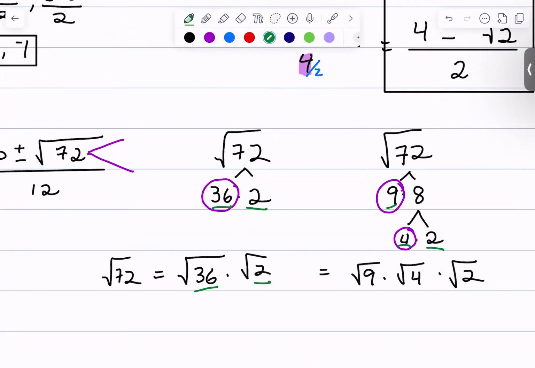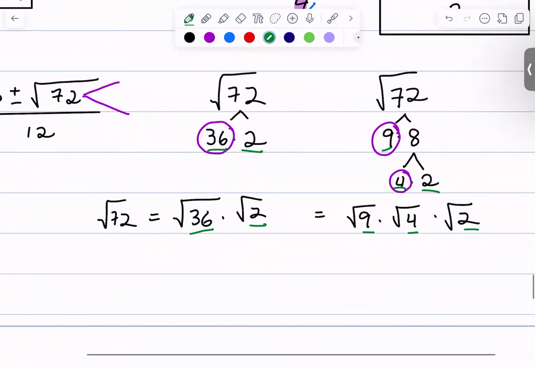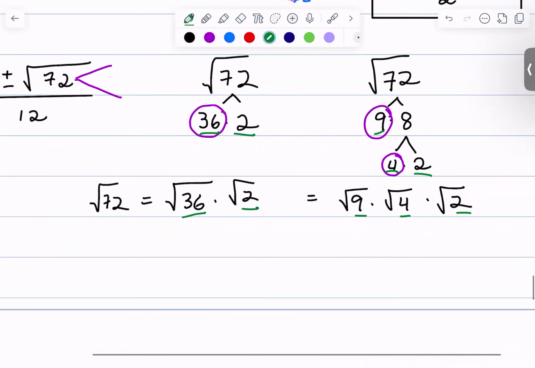Okay? Using the properties of radicals, right? Questions on my simplification before we move on, before we simplify this even more? Everybody got that? Okay.